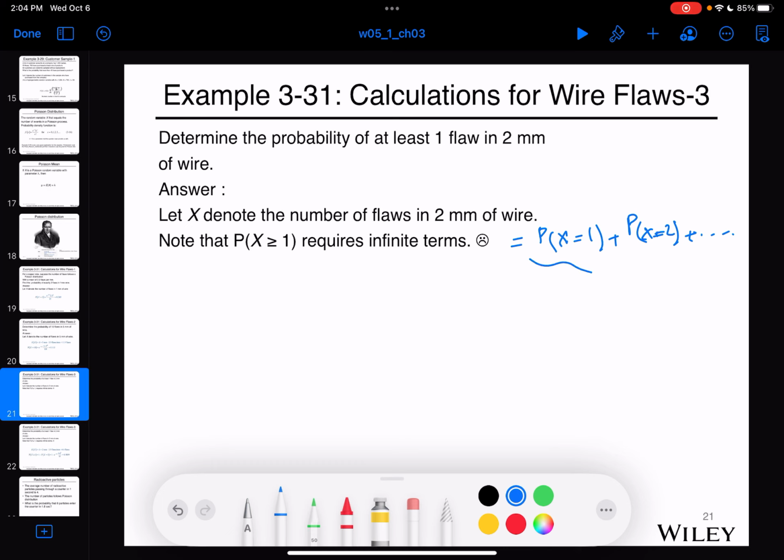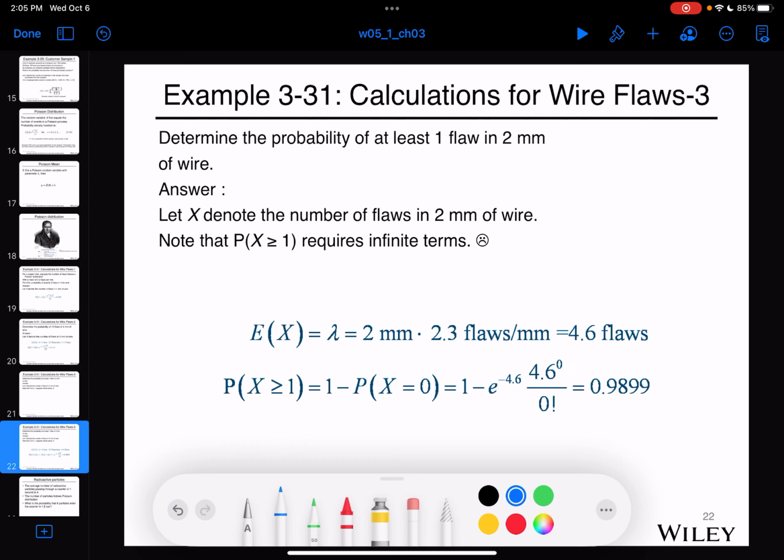Once we have so many sums, we look at the complement also, right? And in this case, the complement is easier to calculate, right? So instead of doing that infinite sum, I calculate 1 minus the probability of having no flaw, right?